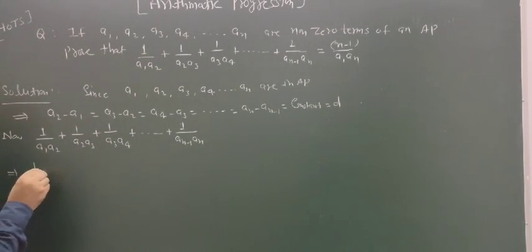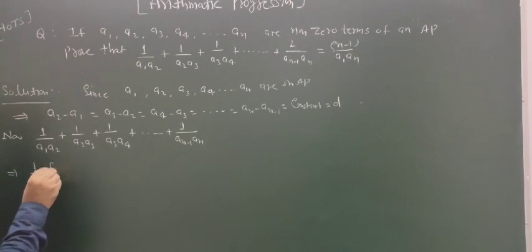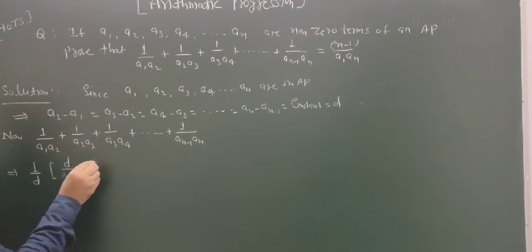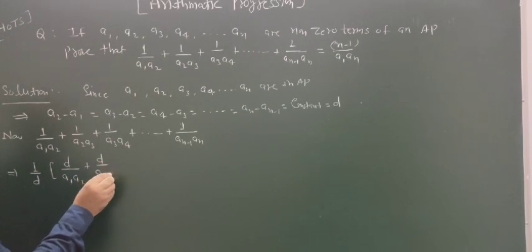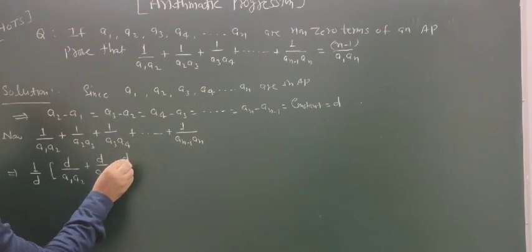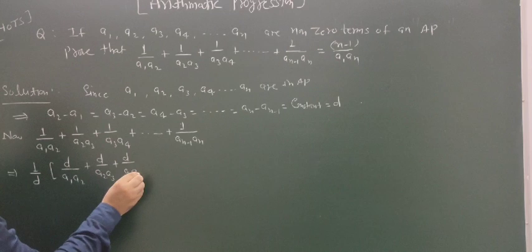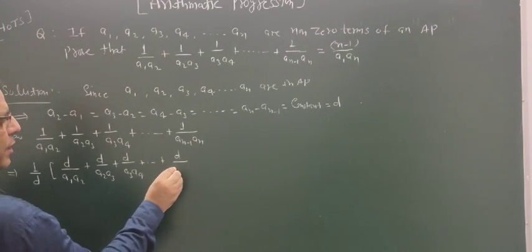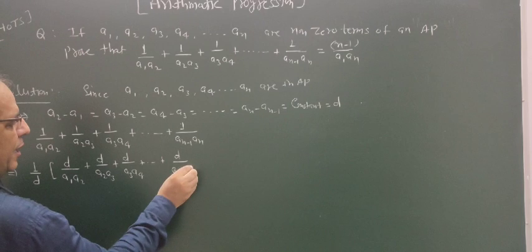Now multiply and divide by d. So this can be written as d upon a1 a2 plus d upon a2 a3 plus d upon a3 a4 and up to d upon an minus 1 an.